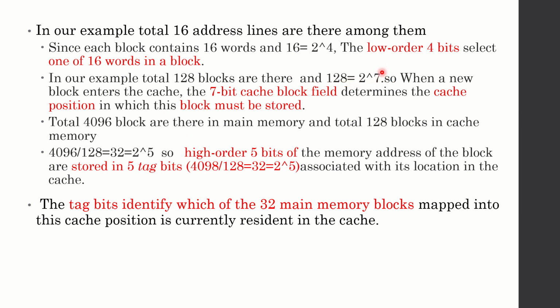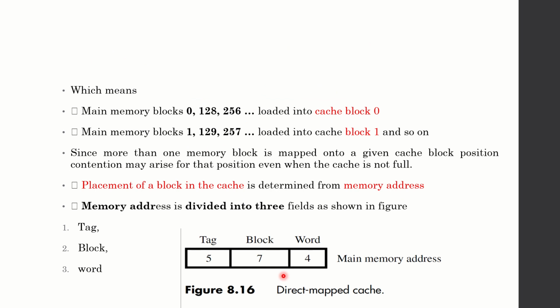This power will give you the number of bits needed for specifying the block. So we got the value 7 here. The total number of blocks in cache memory is 128, which is equal to 2 to the power 7, and that power we write as block. That is, 7 bits are needed to specify which cache block contains our required data.